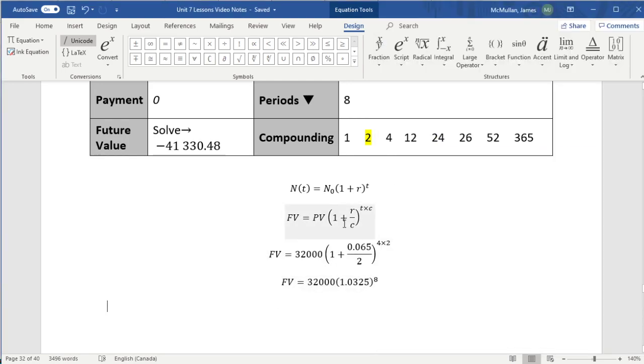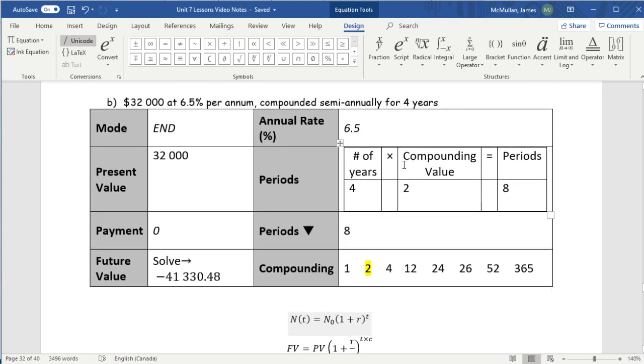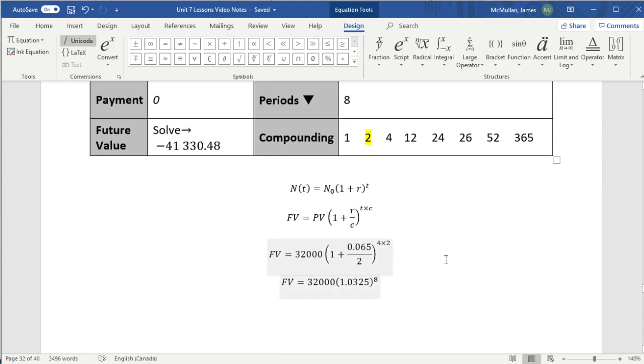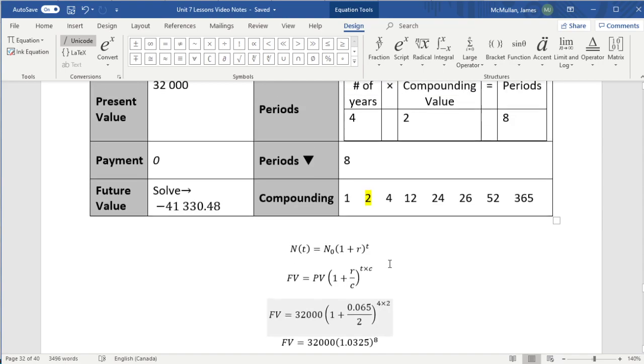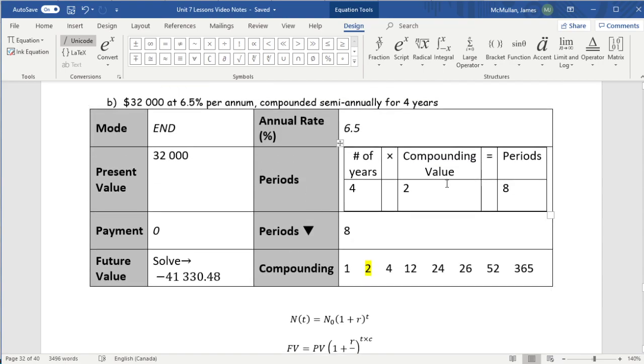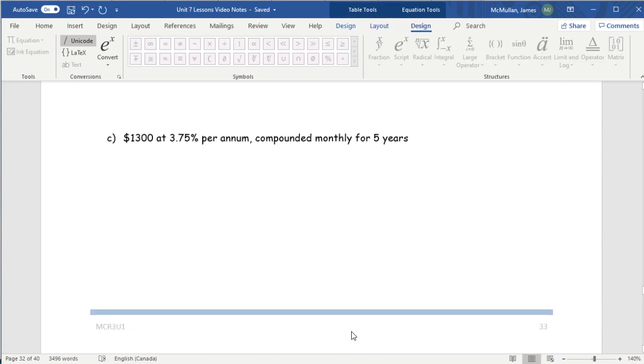That's what this app is doing for you. It's just doing a geometric sequence or exponential growth, which are really just the same thing. Okay, and that's what it gives you for an answer.